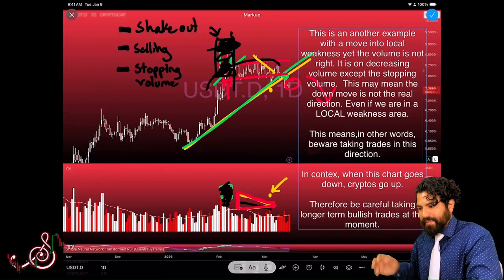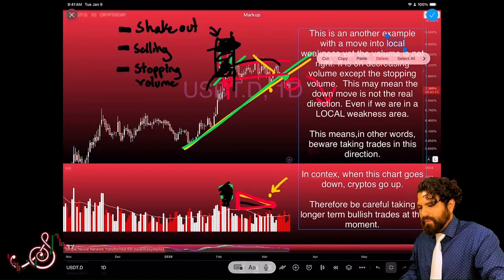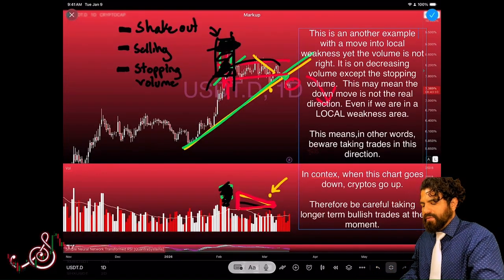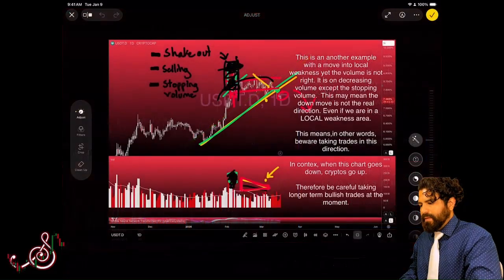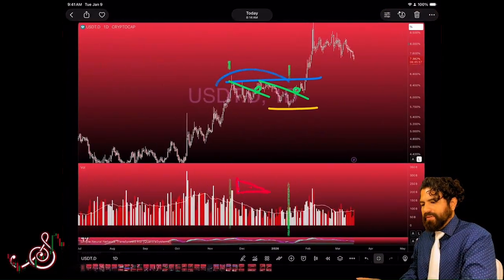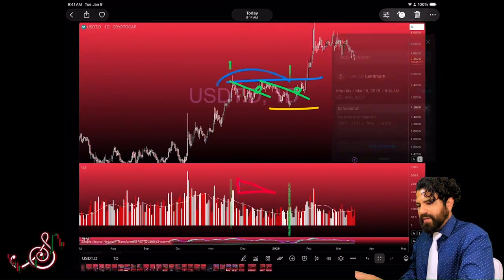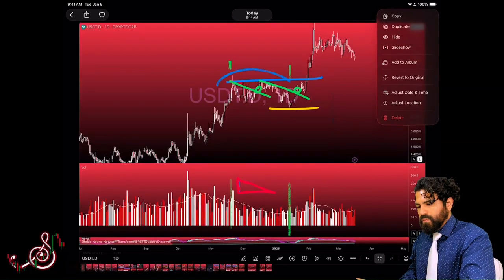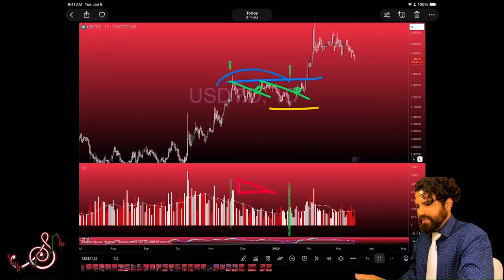Okay, this is example number 2 for the what's not right. This is example number 1 for not being right. And I will make sure I give you guys this image.